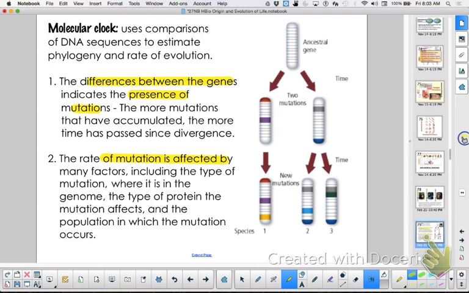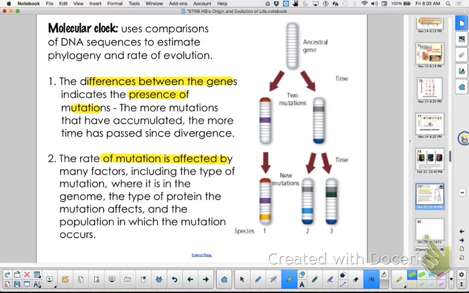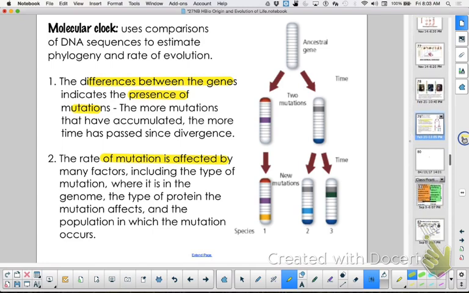Molecular clocks use comparisons of DNA sequences to estimate phylogeny and the rate of evolution. The differences of genes indicates the presence of mutations. The more mutational differences, the more time has passed.